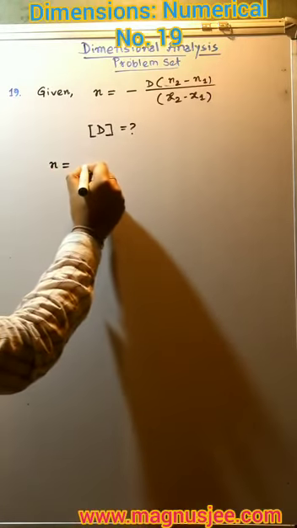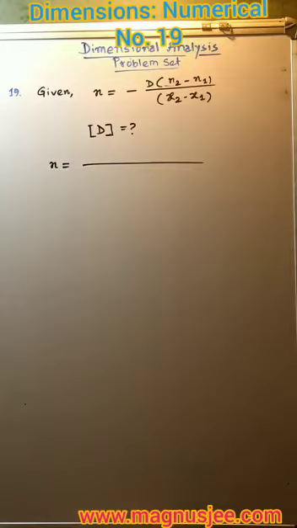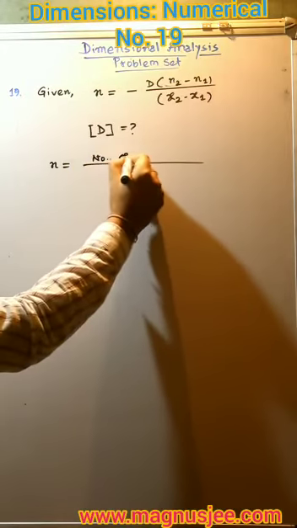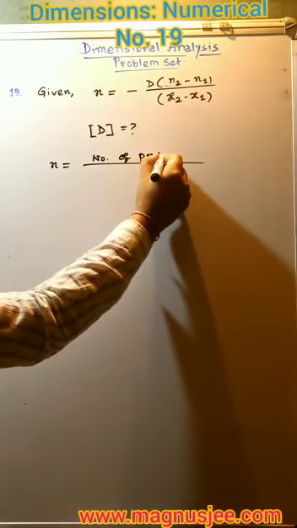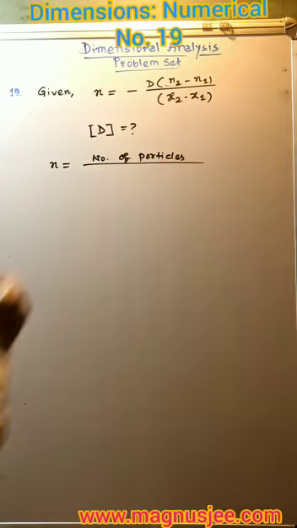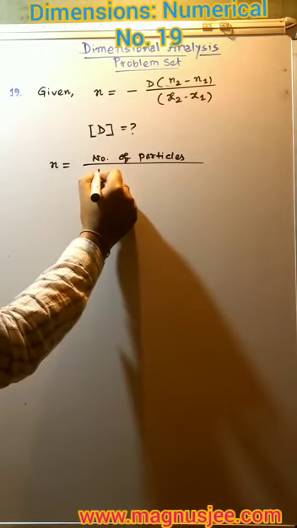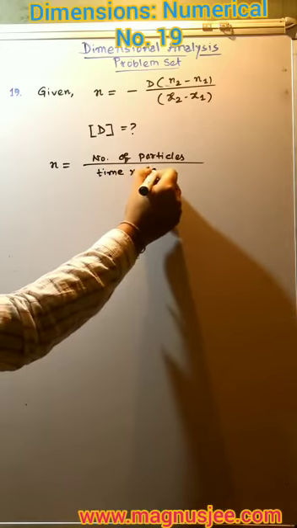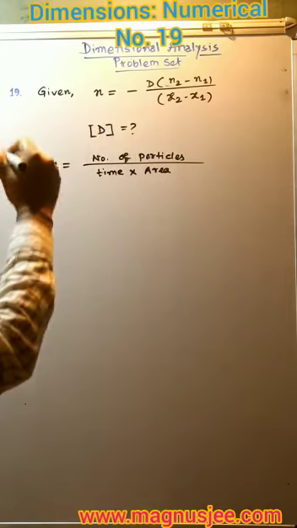N is equal to the number of particles crossing unit area perpendicular to the x-axis in unit time. So in unit time means we have to divide the number of particles by time and area.